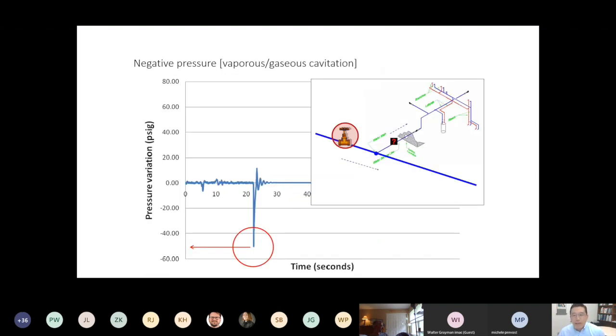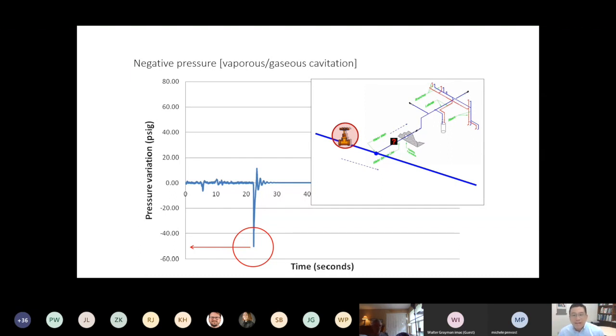Also, as mentioned, for the transient triggered at the upstream of the water mains, and the service line going through it, this is the pressure variation on the y-axis, so negative 50 psi, meaning the service line is experiencing almost negative 10 to negative 12 gauge pressures inside the service line.